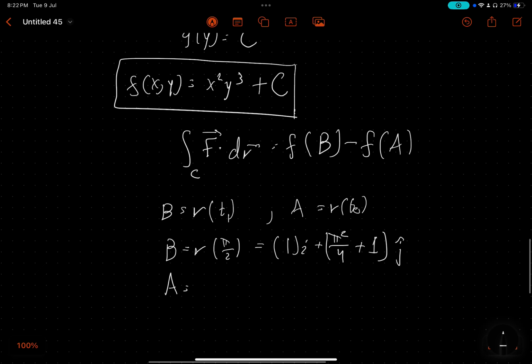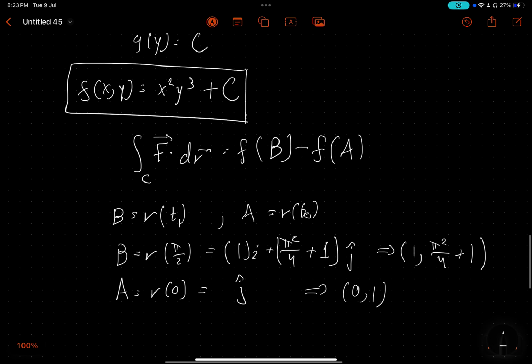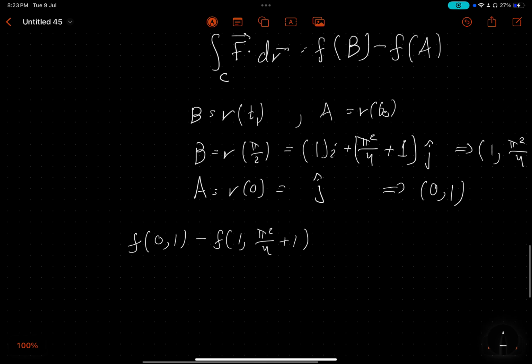And a is just r of 0, which is 0i plus 0 squared plus 1, which is j. And so the point b is 1, pi squared over 4 plus 1, and a is 0, 1. Now we plug in these values, so we take f of 1, pi squared over 4 plus 1 minus f of 0, 1, and this is going to give us the line integral of the gradient of f dot dr.